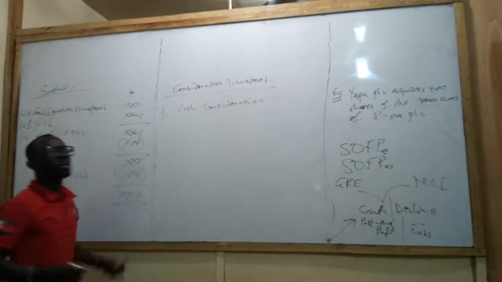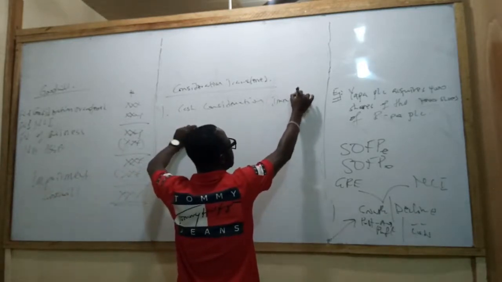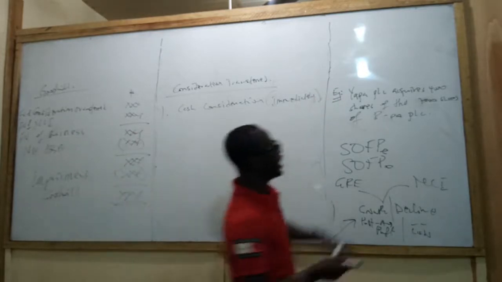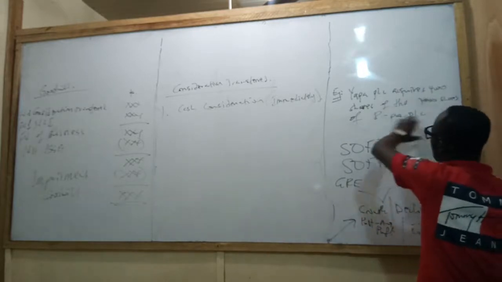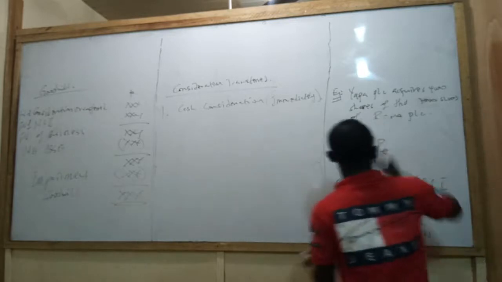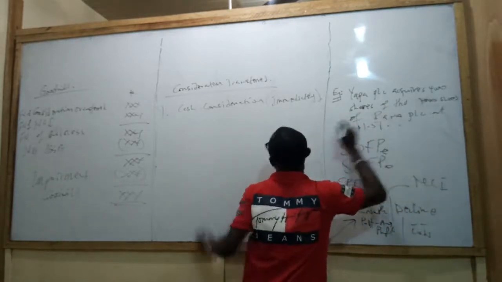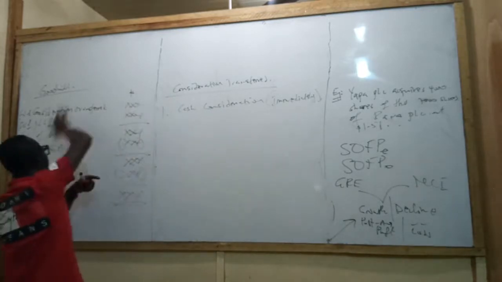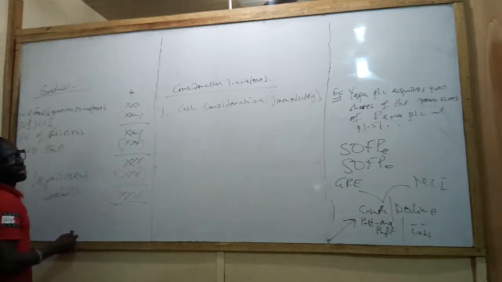Usually the cash consideration is how much we are paying now at the date of acquisition. So for instance, if Yapa PLC acquires 4,000 of the 7,000 shares of Rapper at $1.5 per share, that is what we mean by the cash consideration. That could be the first component of the total consideration transferred that you are bringing here.